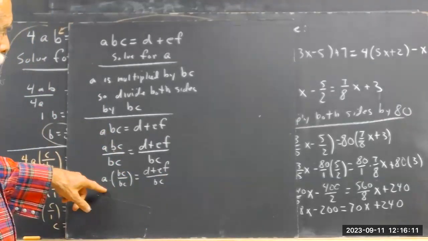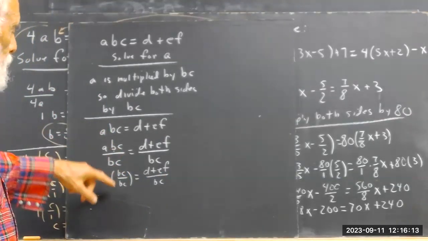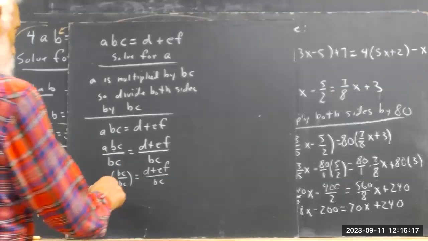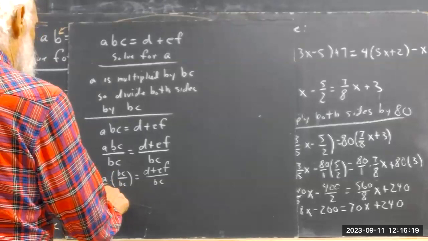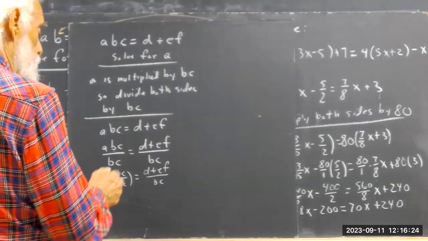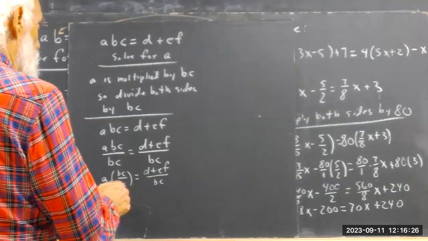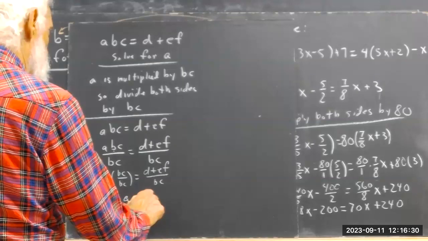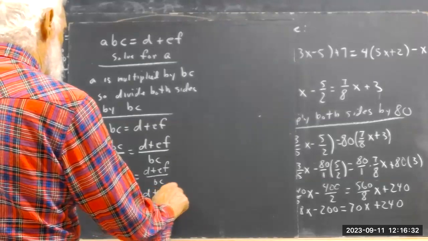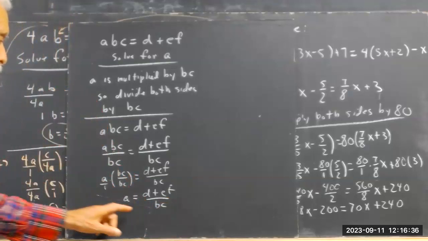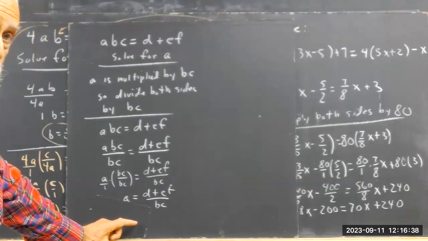This ABC over BC could be written just A times BC over BC. That would be like A over 1 times BC over BC. BC over BC is 1. So this is 1, A is over 1. That leaves you A. And here we have the solutions.